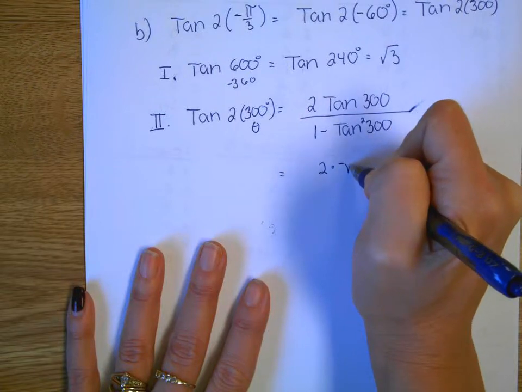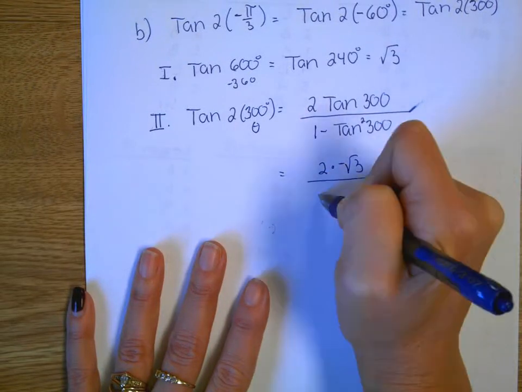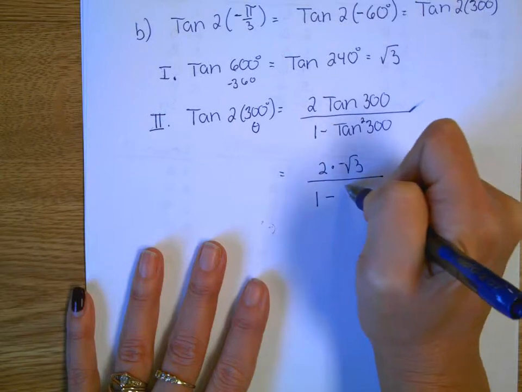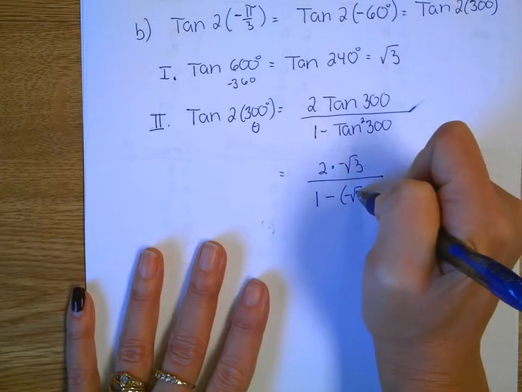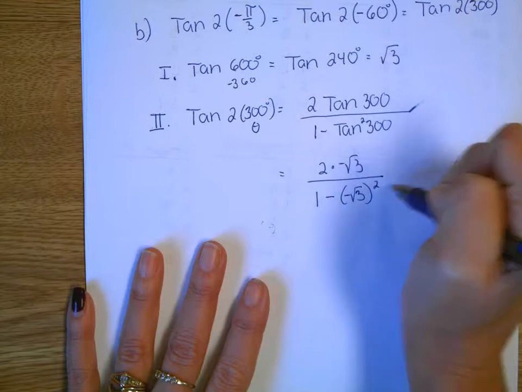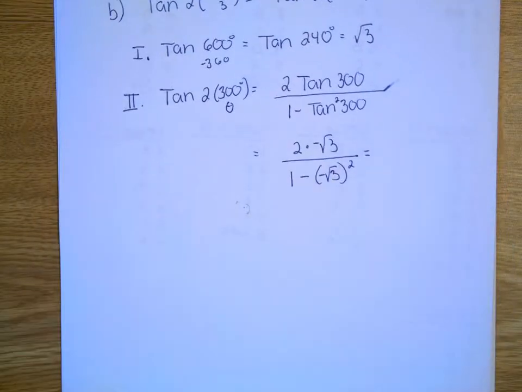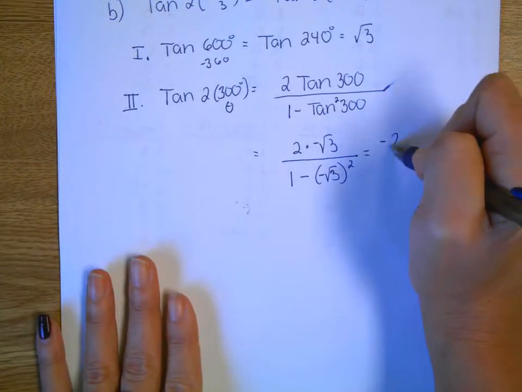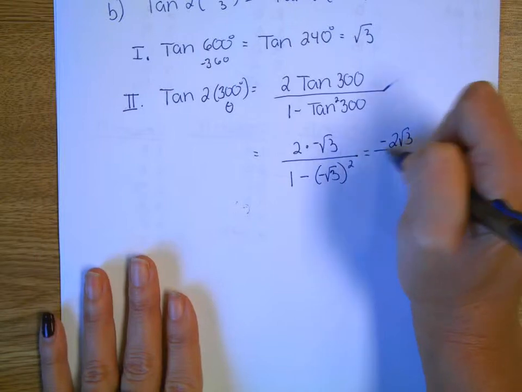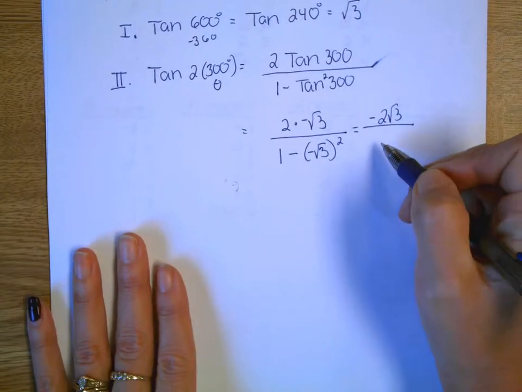Negative square root of 3 over 1 minus a negative square root of 3 squared. Okay, so I get negative 2 square root of 3 over, oh, this one's going to be ugly.